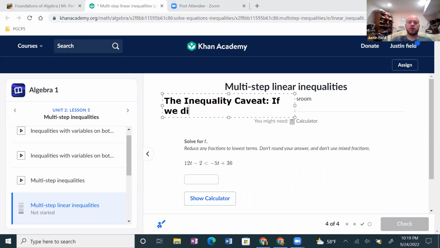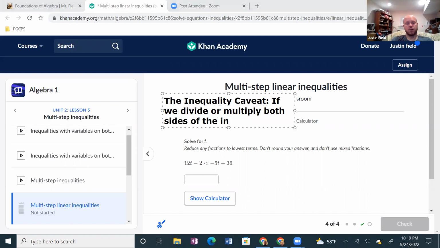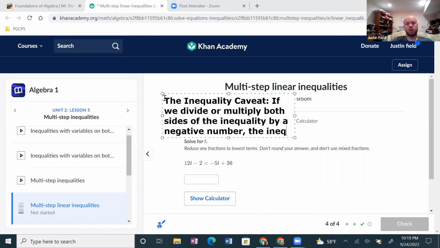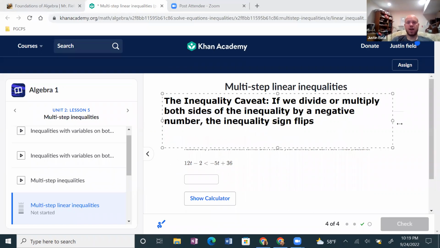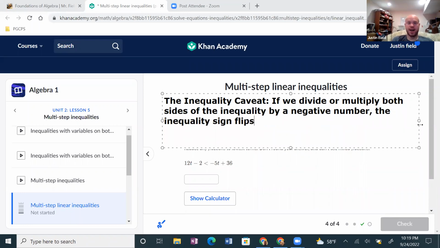If we divide or multiply both sides of the inequality by a negative number, the inequality sign flips. All right? Don't you ever forget that. Otherwise, your answer will not be correct.